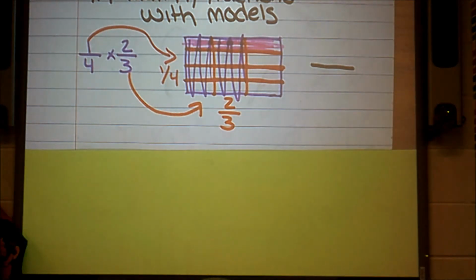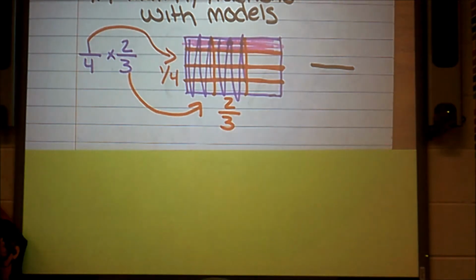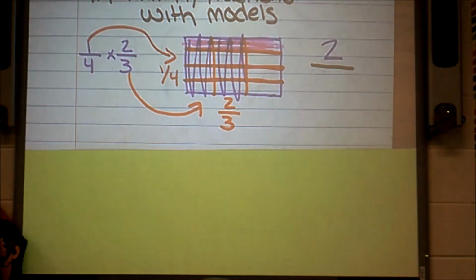So once you do that, you can count how many blocks have been shaded in both directions. 1, 2 blocks that have been shaded in both directions.